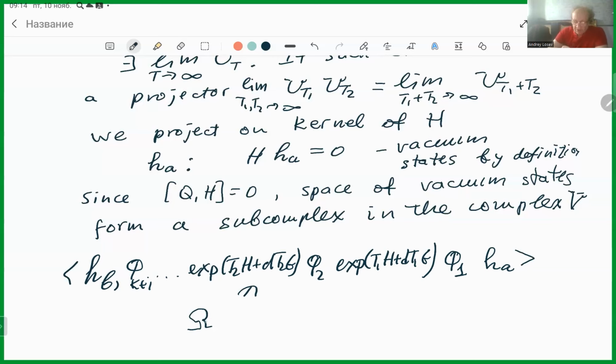So this belongs to differential forms on R K, taking values in endomorphisms of the space VAC.